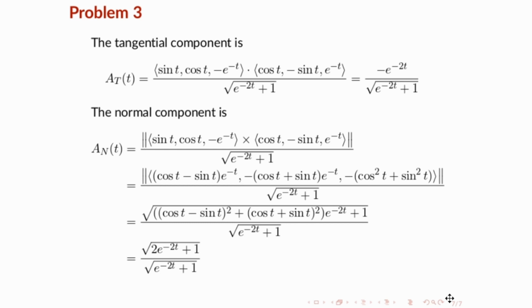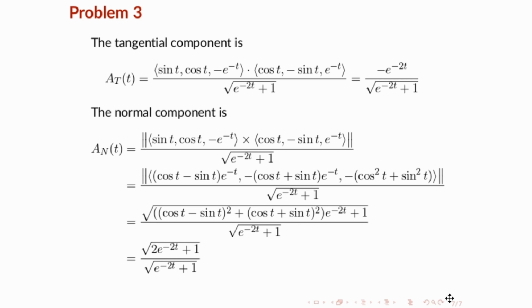We get something along the lines of 2 cosine squared t plus 2 sine squared t plus 2 sine t cosine t minus 2 sine t cosine t. And we can just cancel out the sine t, cosine t terms because they're going to just sum each other out. So we're left with 2 cosine squared t plus 2 sine squared t.